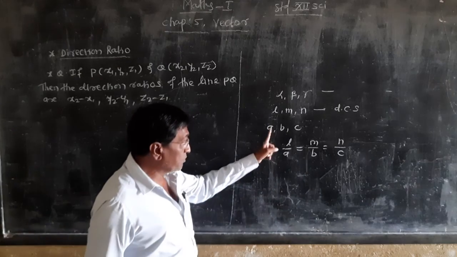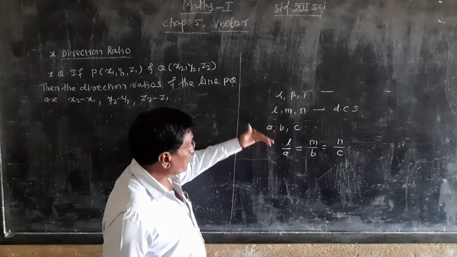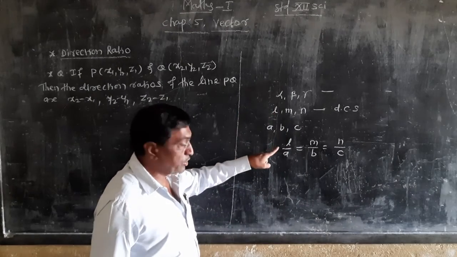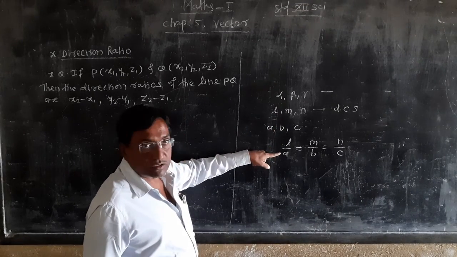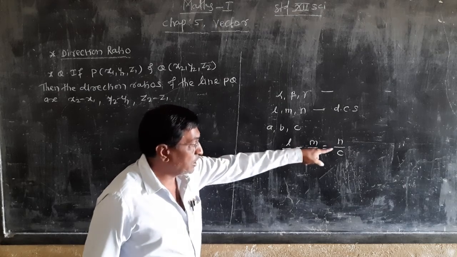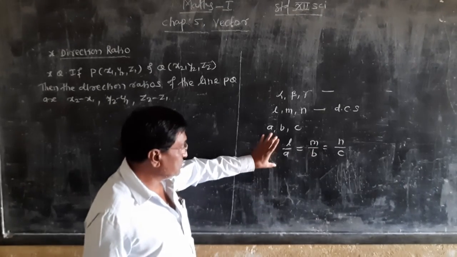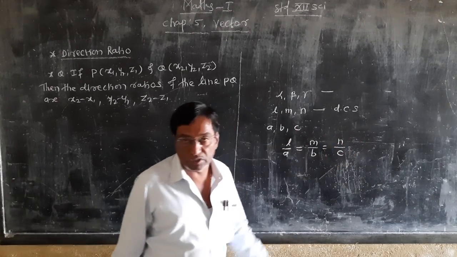It means that these numbers a, b, c are directly proportional to the direction cosines. All these three ratios are constant.